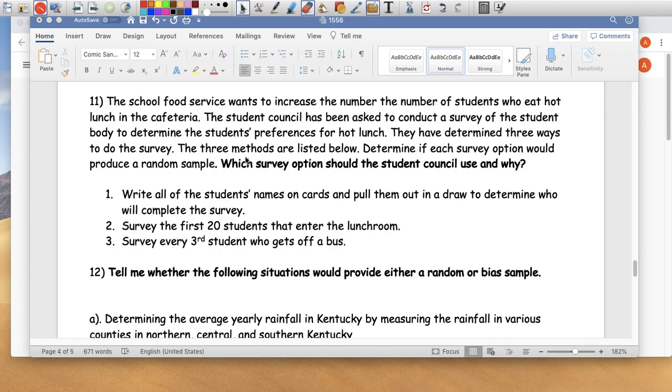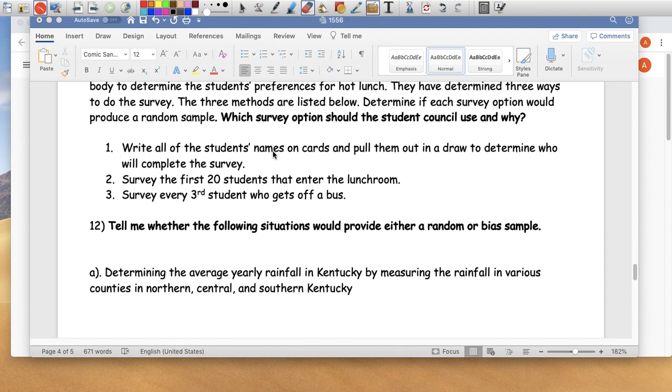You know what I mean? It's definitely biased, because they don't represent the whole of the school, and that's key here. They don't represent the opinions of all the school, and neither do the 20 students that enter the lunchroom. Okay. So the only one that would work is number 1.